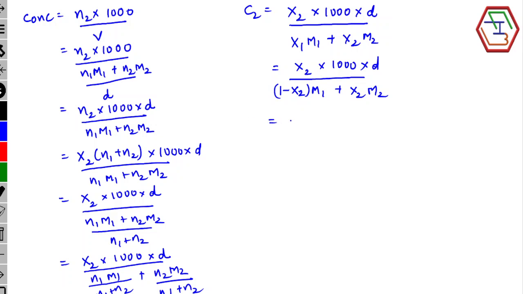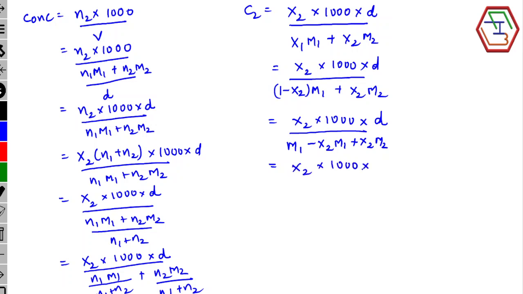So x2 into 1000 into density divided by M1 minus x2 M1 plus x2 M2 is equal to x2 into 1000 into density.